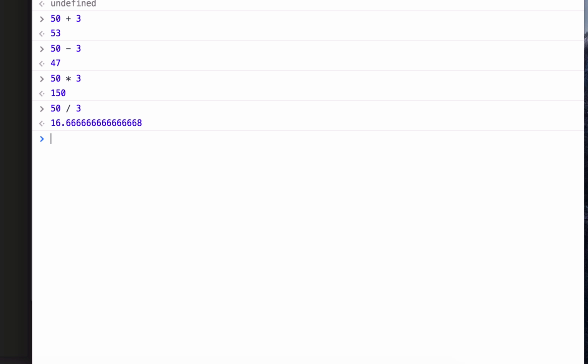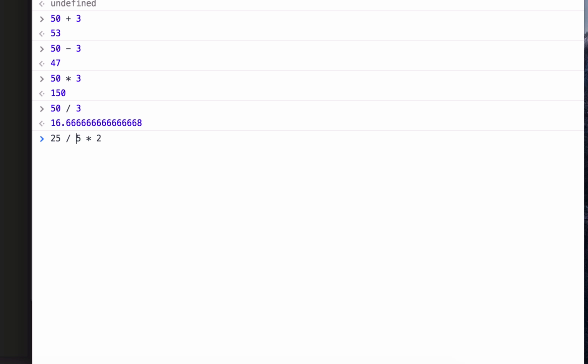One thing that I thought was important to cover is the order of precedence, with division and multiplication coming first, and then addition and subtraction. What that means is, for example, we have 25 / 5 * 2.